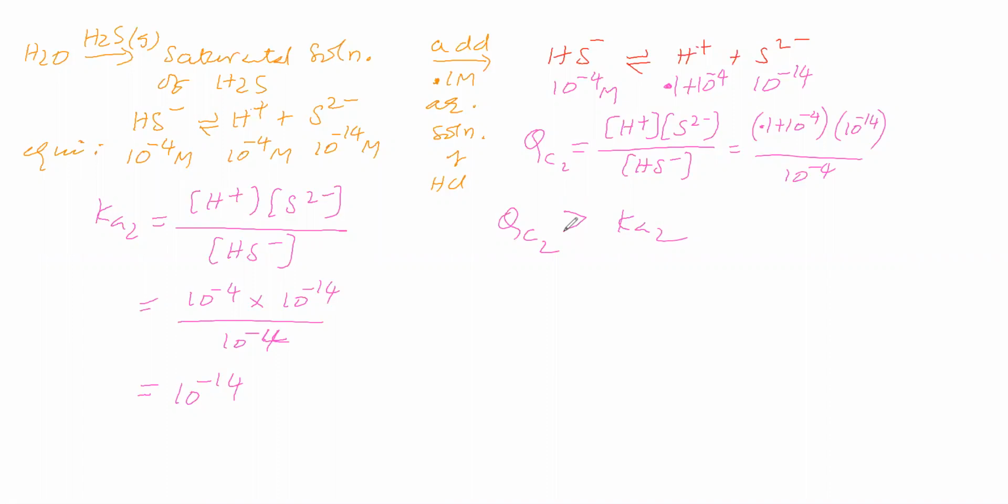So the system tries to attain equilibrium, for which the system tries to make QC become equal to Ka. The system makes this QC2 become equal to Ka2, for which the system makes QC2 decrease.